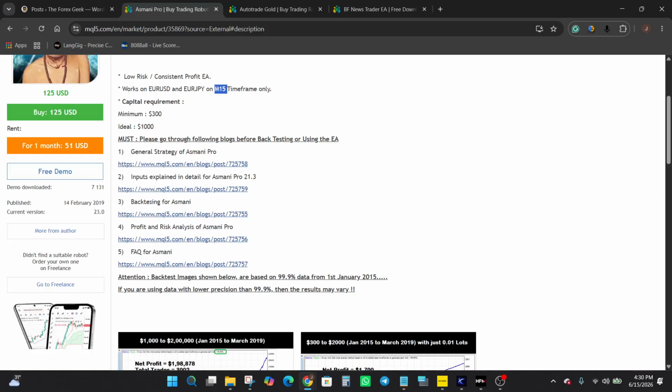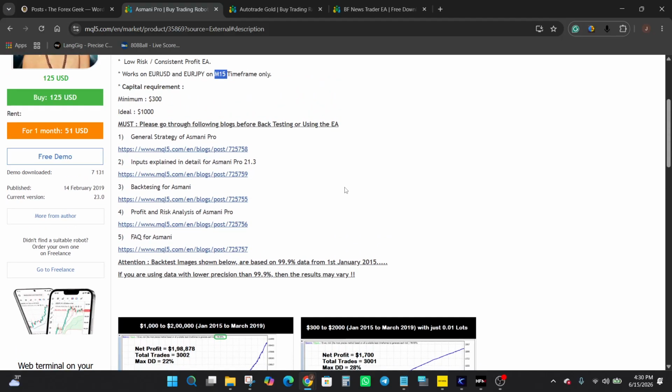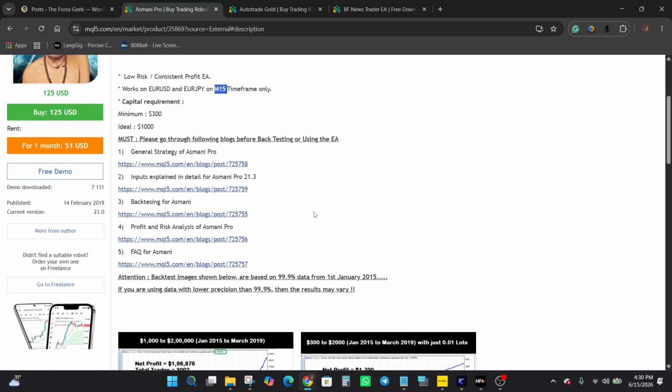Okay. So that suggests the system has a structured methodology behind it, and the developer is emphasizing proper understanding before deployment.